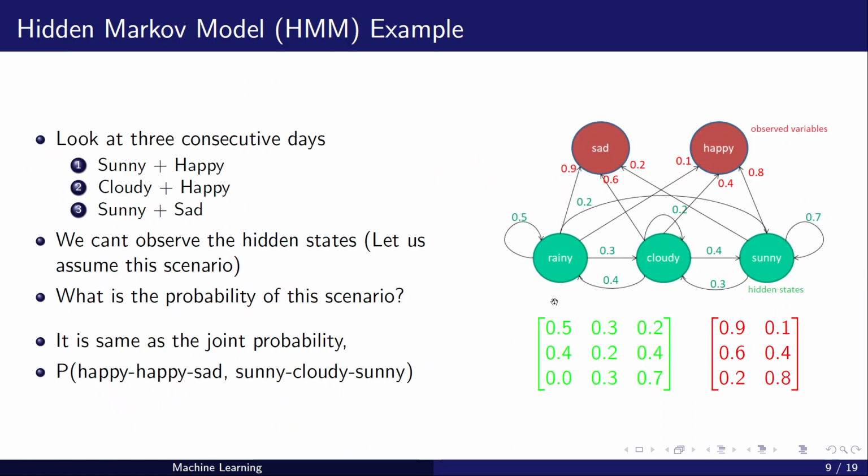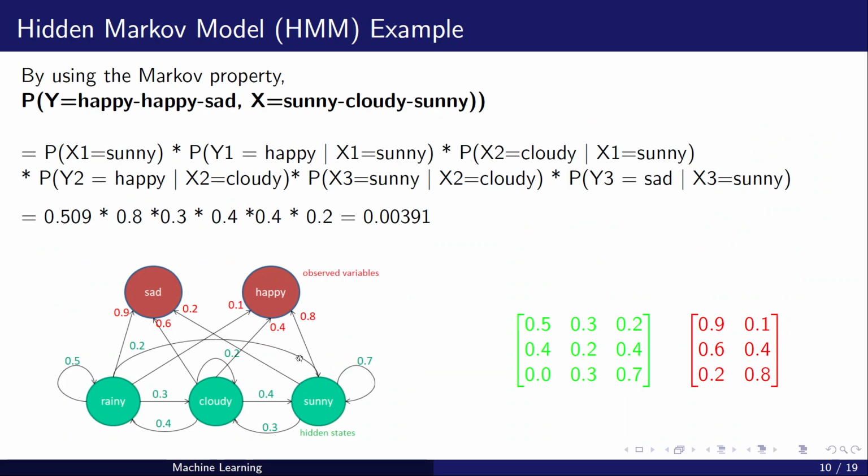In the previous example we saw the probability of happy, happy, sad comma sunny, cloudy, sunny. This joint probability can be calculated as probability of y comma x, where y is your observable variable and x is your hidden variable.